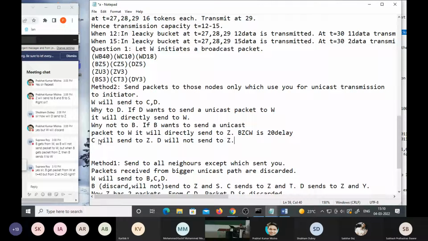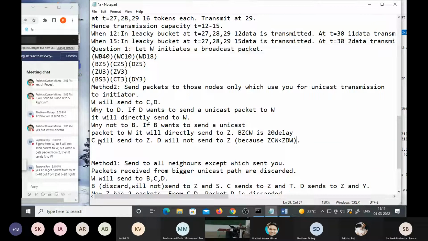Because CW is lesser than ZDW. To send a unicast packet to W, Z will use the C path, not the D path. Is this all right to you?